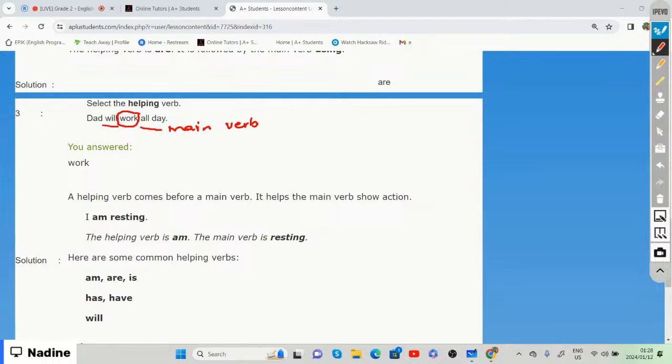So the word will is our helping verb, and our main verb is work.